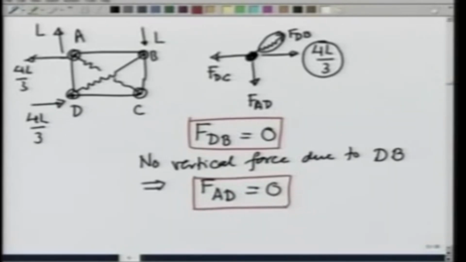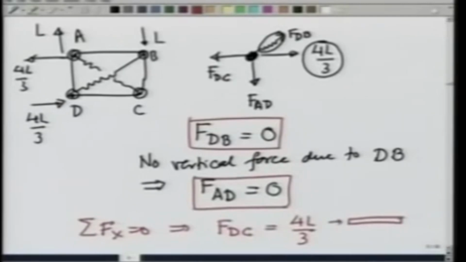Let us now consider the forces in the horizontal direction. Since F_DB is 0, summation Fx equals 0 gives me F_DC equals 4L by 3, and the positive sign tells me that I have found the correct direction. Since the rod DC is pushing the point out, the rod DC is under compressive forces.